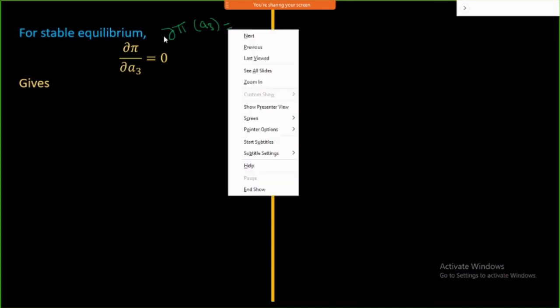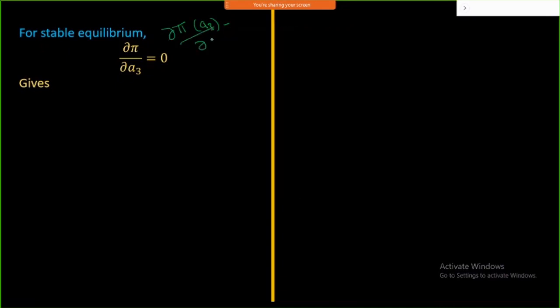Now take up that particular equation which we formulated for this pi. Pi is nothing but the total potential energy of my system, and that pi contains A3 as one constant. We want to determine this: the derivative of this pi with respect to A3 should be equal to 0.